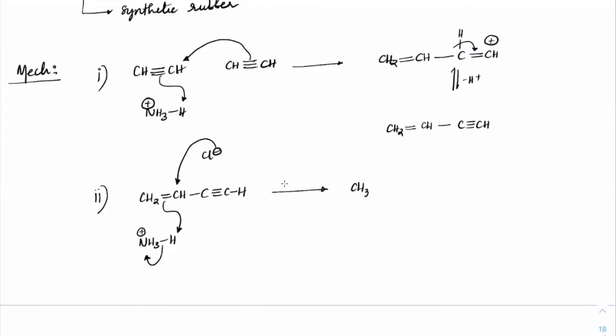So we would get CH3 with CH, Cl added, with C triple bond CH. Now this might happen in two steps also. First addition happens, carbocation is formed, then chlorine attacks. Got it? So I'm skipping that step here. Pi is attacking towards H plus, Cl minus is attacking, and you will get this product.